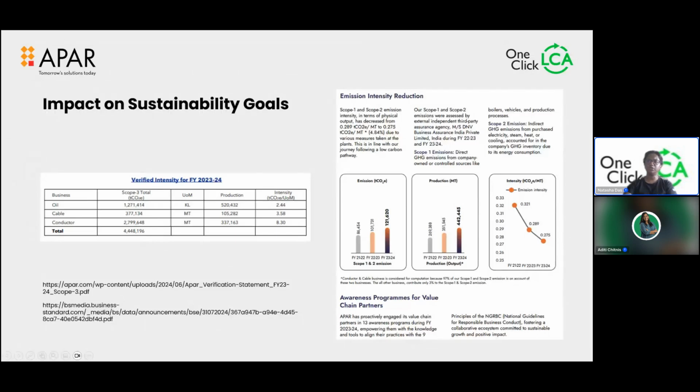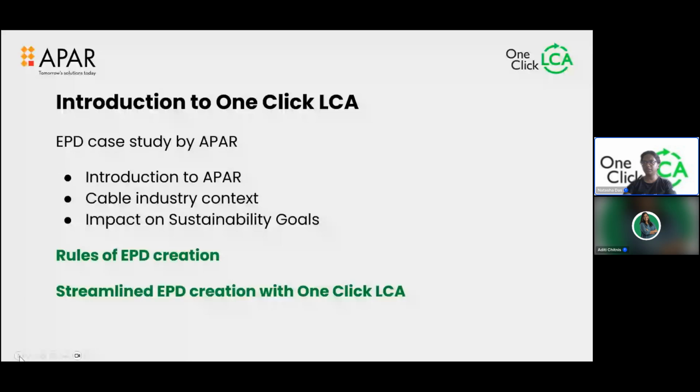So they're able to reduce their CO2 emissions across all their industries: oil, cable, conductor. Right now they're sitting at around 4 million tons of CO2 emissions. So this is about APAR.